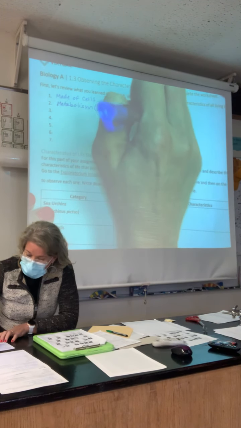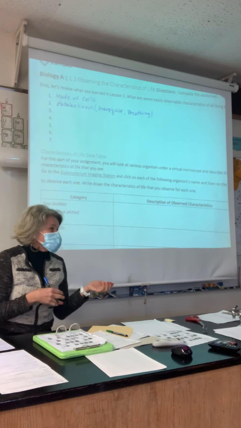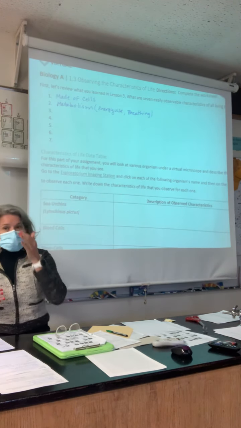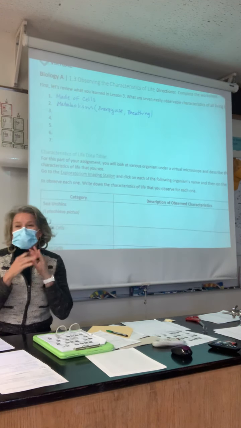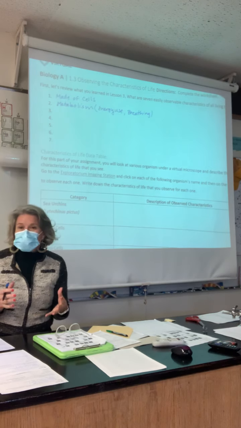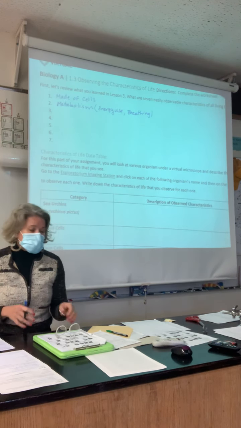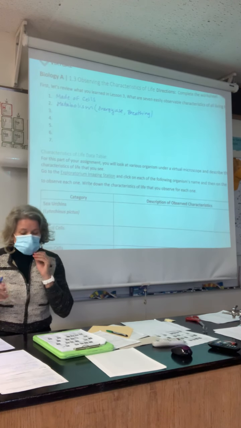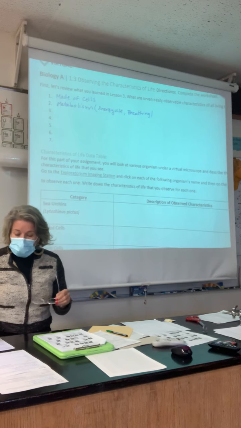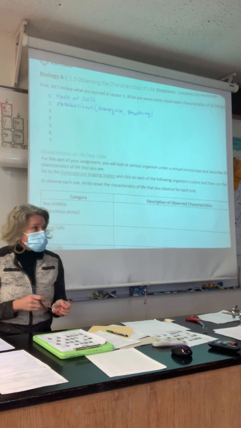So this metabolism is the characteristic of life that we investigated when we noticed that all living organisms breathe. Don't worry if it's kind of fuzzy and that doesn't make a ton of sense right now. That's what I'm going to spend the year teaching you guys. How does this happen on a cellular level? What am I actually talking about? But realize metabolism is under that energy use, and it's the reason that organisms give off carbon dioxide.